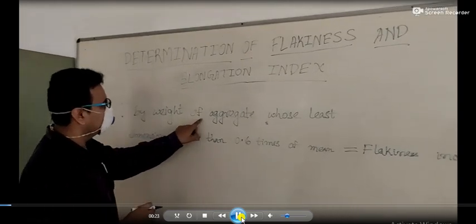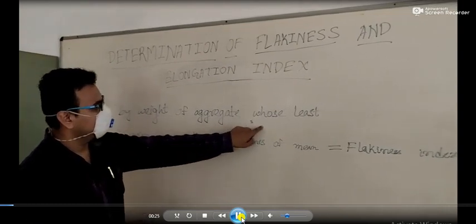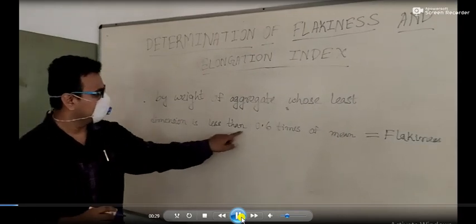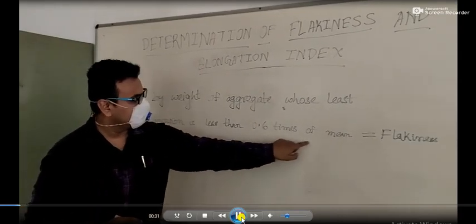It means that whenever we are going to take care of the aggregates, there will be a batch of aggregate where different sizes of aggregates will be mixed together. Now among that particular batch, some of the aggregates will have different sizes. So it is the percentage of weight.